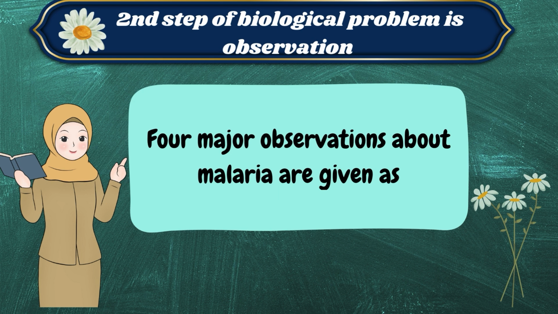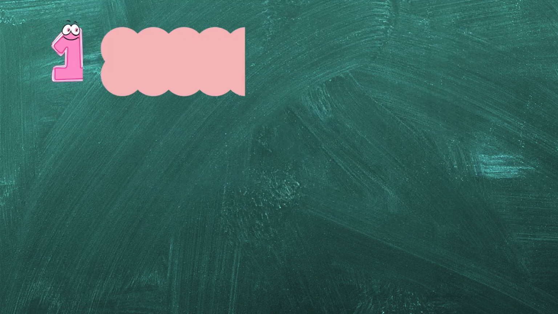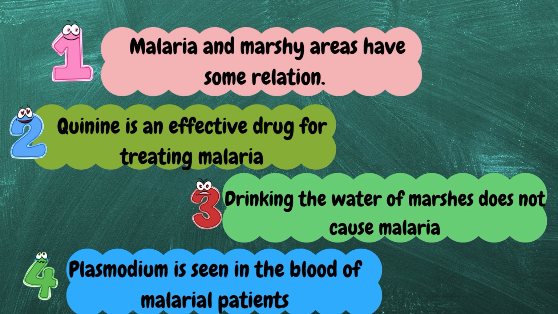So the 4 major observations about malaria are: malaria and marshy areas have some relation. Quinine is an effective drug for treating malaria. Drinking the water of marshes does not cause malaria. Plasmodium is seen in the blood of malarial patients.